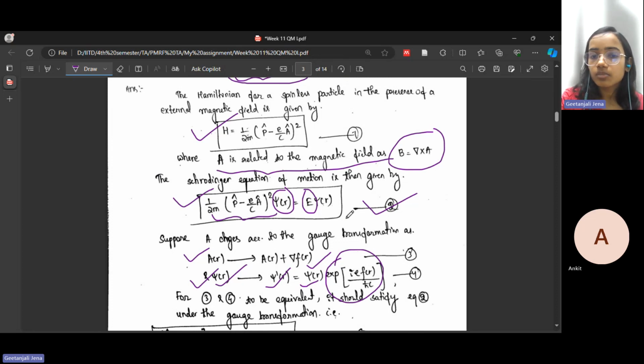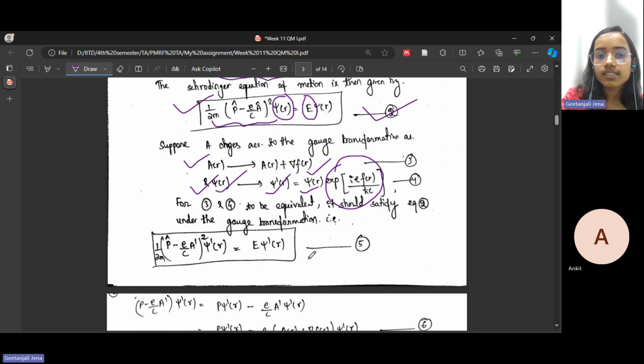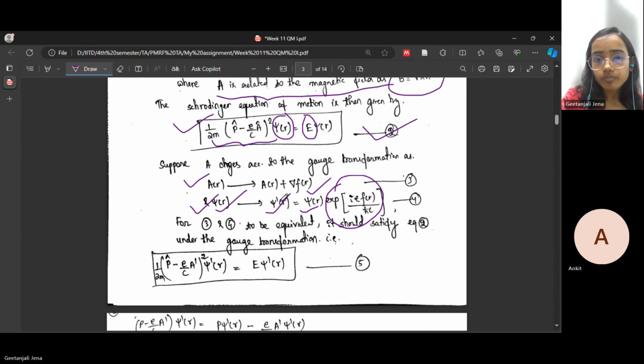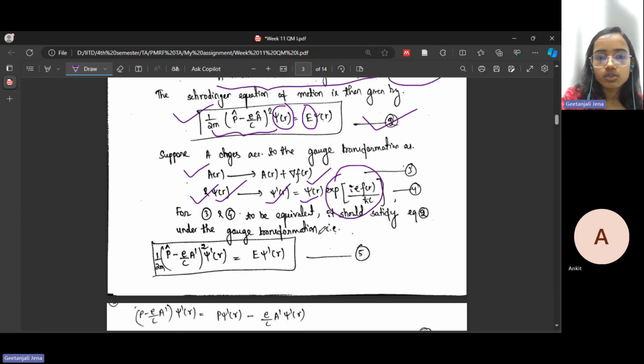If that remains the same, then we can conversely prove that these wave functions are related by a phase factor. This is equivalent to proving that if psi goes to psi prime of r, then the energy eigenvalue E will remain the same.